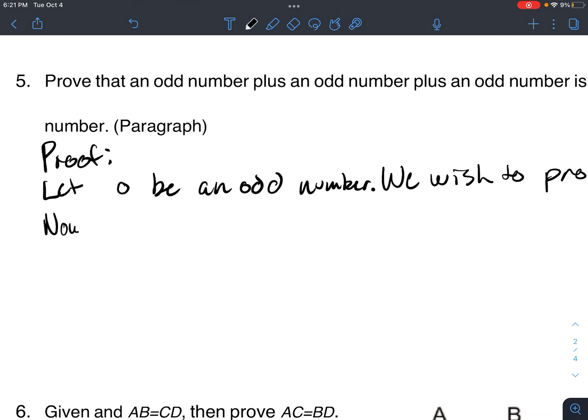So I'm going to say, or actually I'm going to say, note that O plus O is equal to even.